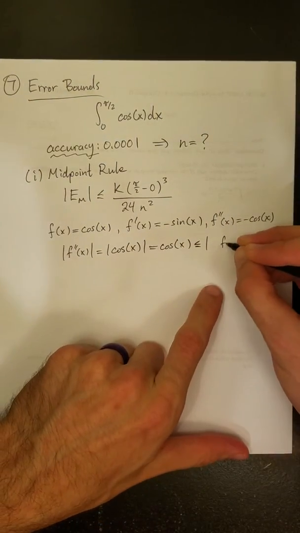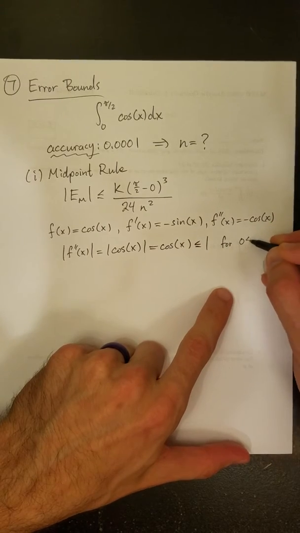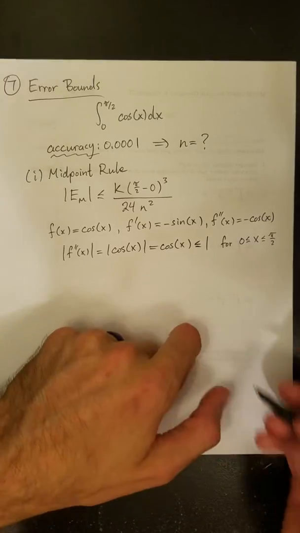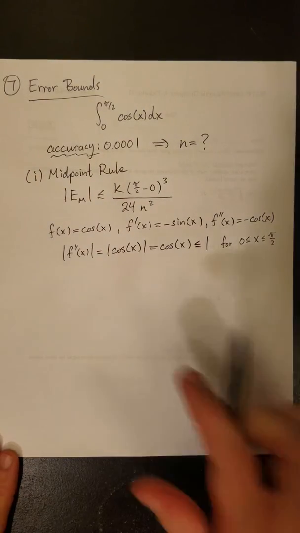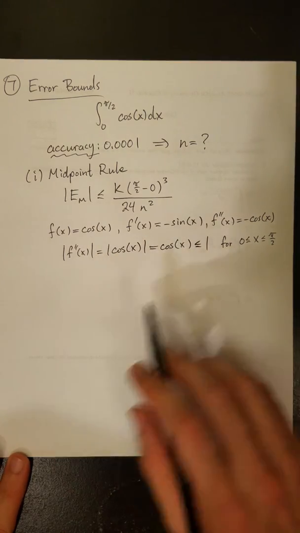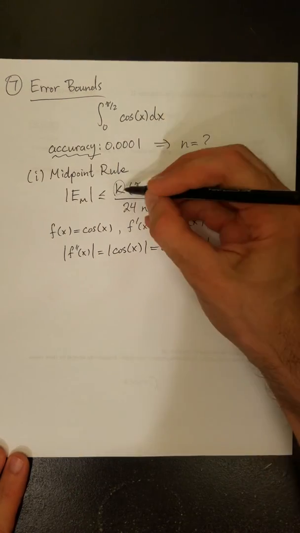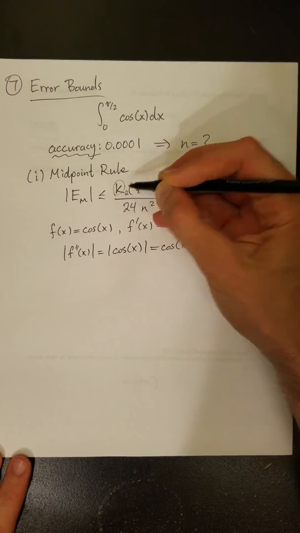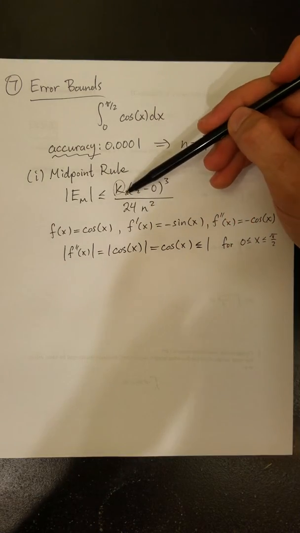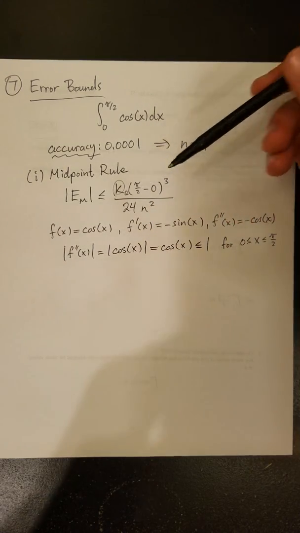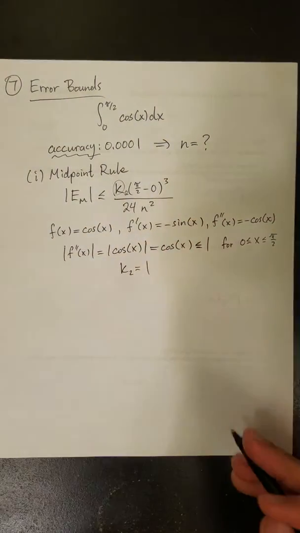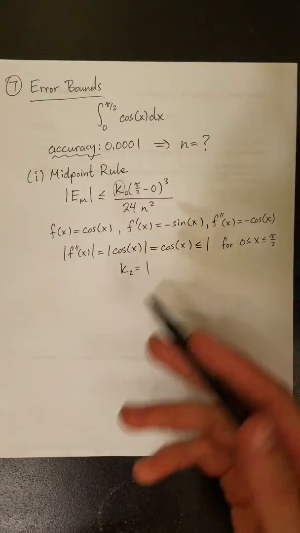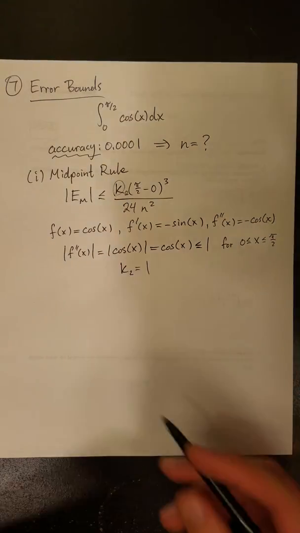This is true for all values of x in general, but specifically for the values of x we're concerned with, 0 to pi over 2. So here's our bound for the second derivative, and this K, which maybe I should write as K sub 2, is our bound for the second derivative. So we can set K sub 2 equal to 1, and that's what we'll use in this example.